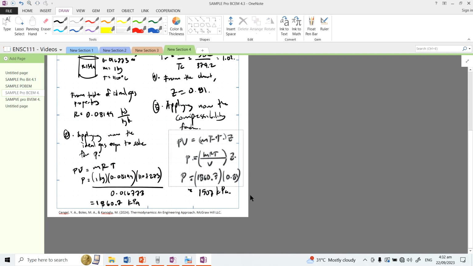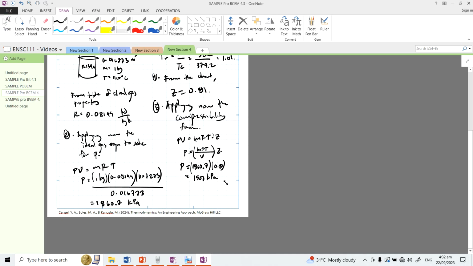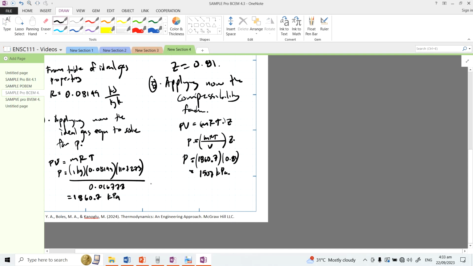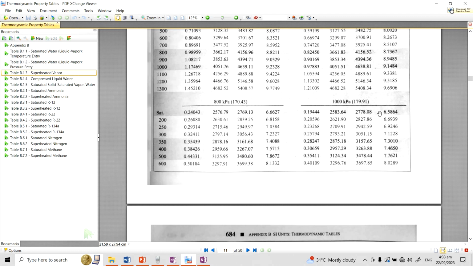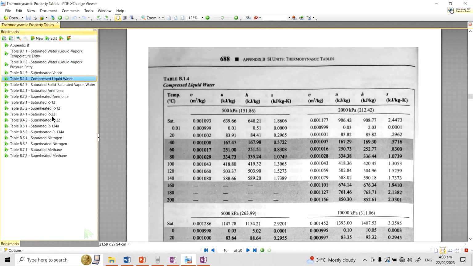And then when using tables, we go to our property tables. Here in the bookmarks we must go to superheated.